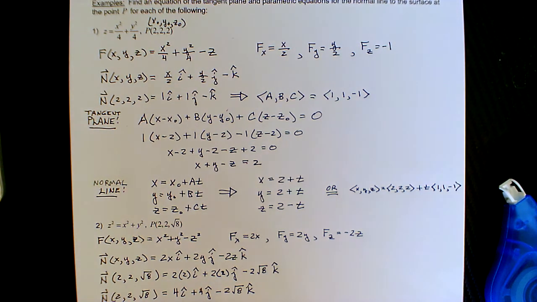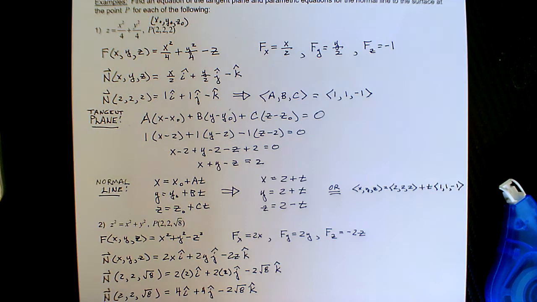Now you could actually factor out a 2 if you wanted to. Actually, you could simplify the square root of 8, and then that would be 2 square roots of 2. So that would make this 4 square roots of 2. And then you could factor out a 4 to make it simpler. But I'm just going to leave it as it is and proceed now by finding the tangent plane.